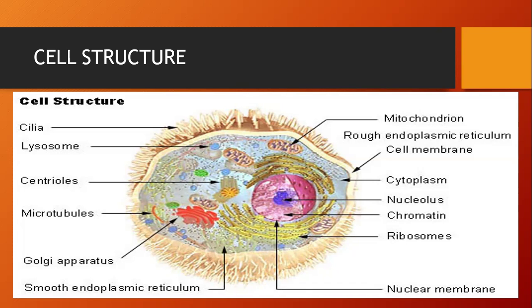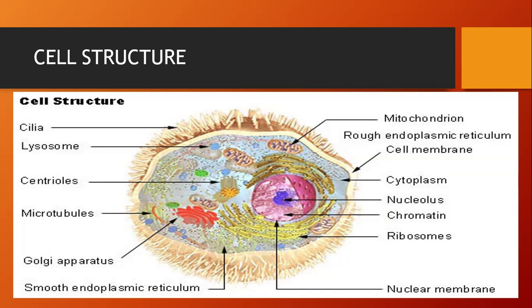Now, the second theory states that the cell is the basic structural and functional unit of life, just as the definition states, every living activities begin from the cell level. And the third theory states that all cells come from pre-existing cells by division. So take note of that. Every cell comes from pre-existing cells by the division process.